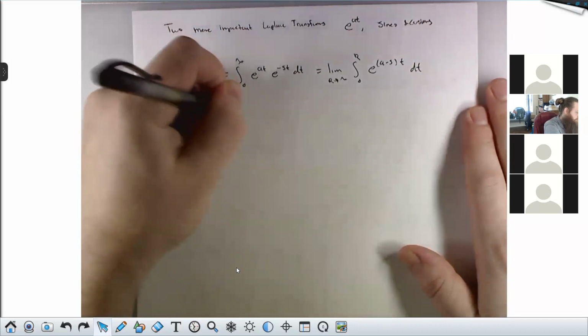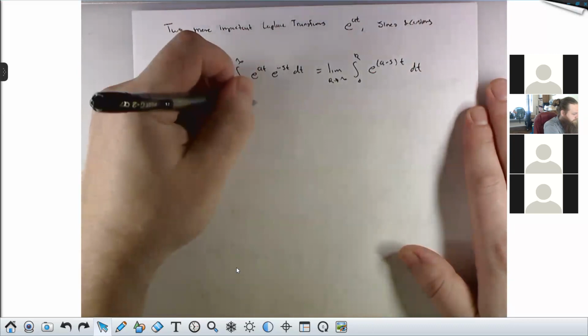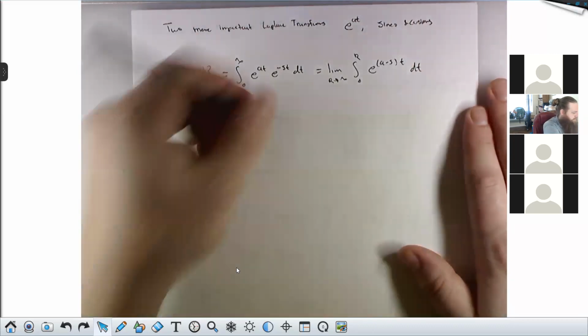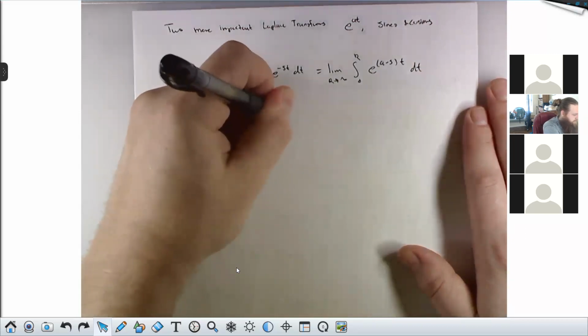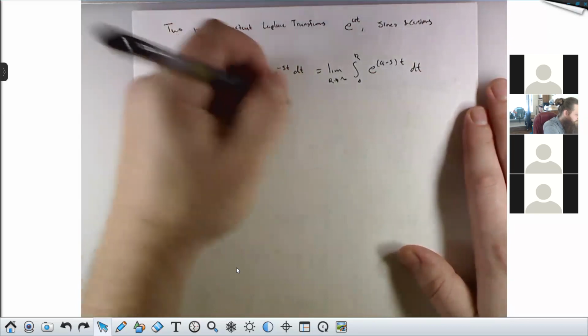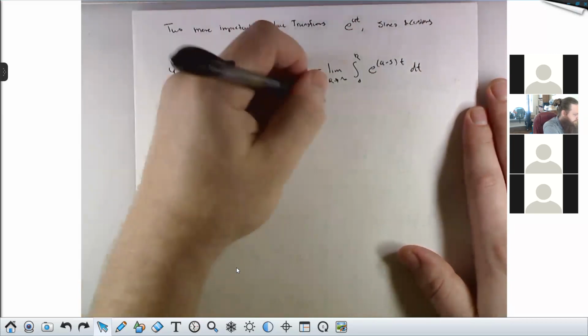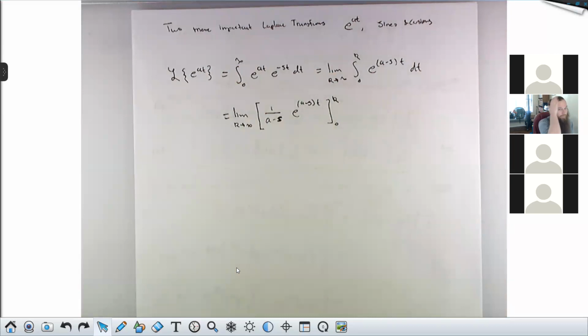So this is the limit as r goes to infinity. The antiderivative for e to the (a minus s)t is 1 over a minus s times e to the (a minus s)t, evaluated from 0 to r. The 1 over a minus s piece is a constant with respect to the limit.